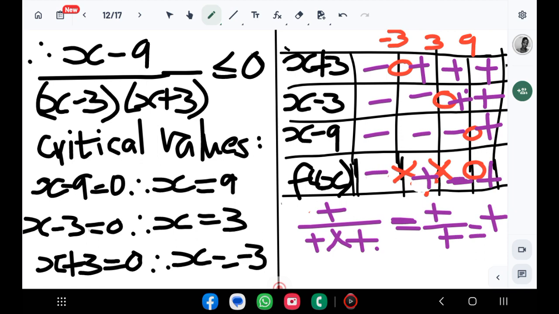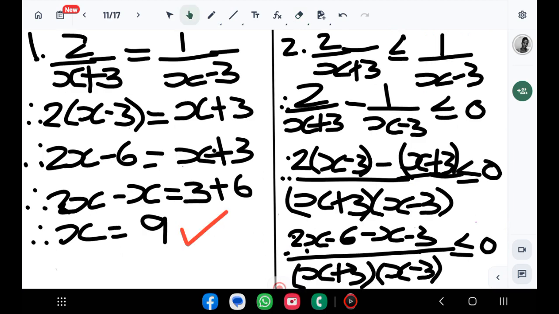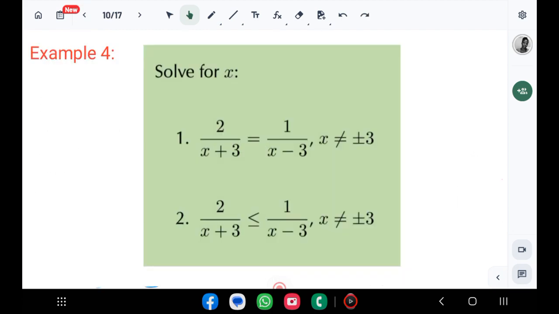So, and the question was, find out where this is going to be. Let's go back to the question. Always go back to the question to figure out what exactly they want you to. Find out where this is less than or equal to.